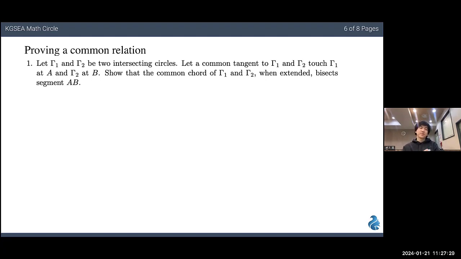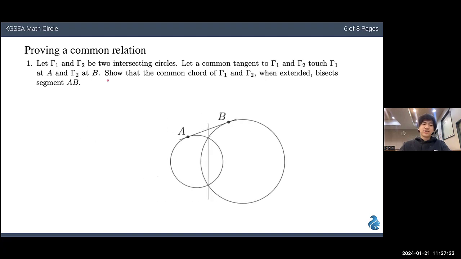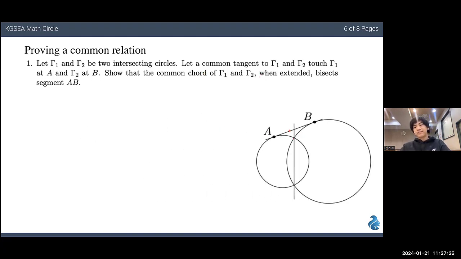All right, so I think everyone tried it. So for the solution, this is going to be the diagram. Here we have omega 1, or I don't know how to pronounce this, but I'm just going to call it omega 1 and omega 2. And here we have A and B, the common external tangent.